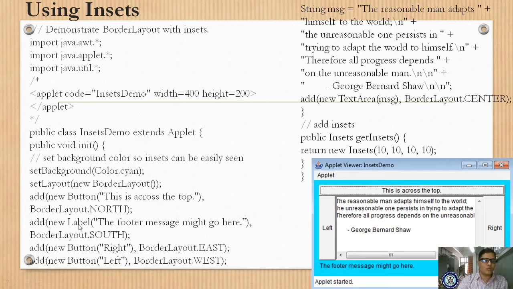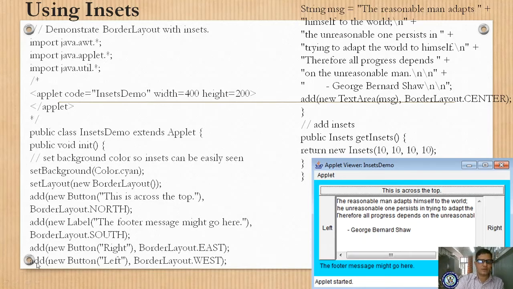You add one more control, a new Label. The text on the label is Footer message might go here, with BorderLayout.SOUTH. North means top, south means bottom. Then you add one more button with the text Right, and its position is EAST, meaning right side.